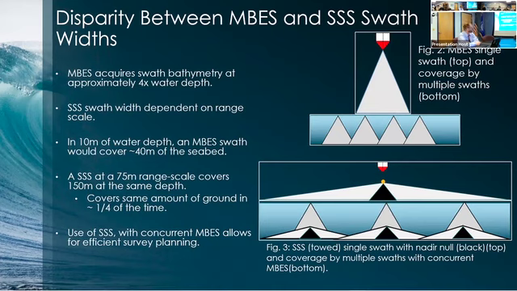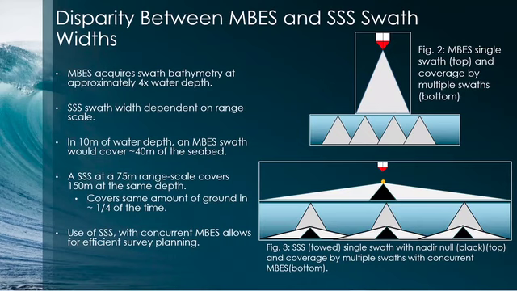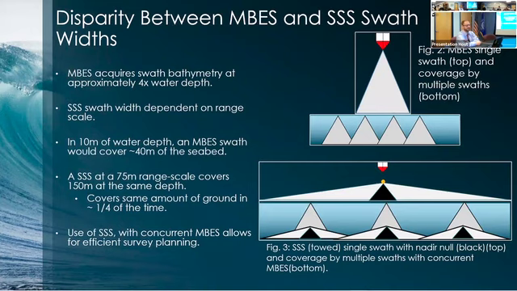At the bottom is a typical single Sidescan swath in a towed configuration, with the black triangle representing the nadir null zone. What's important about this is that in that zone, we don't have any seabed information. All we're seeing is the water column based on the geometry of the beams. And so the main reason that we do the concurrent multi-beam is to cover that.